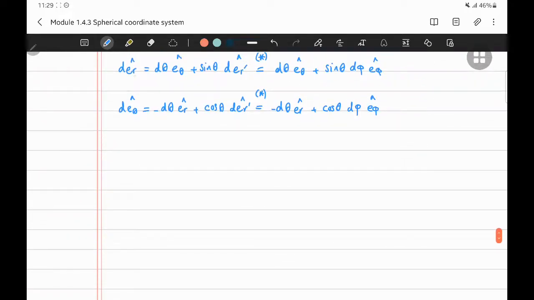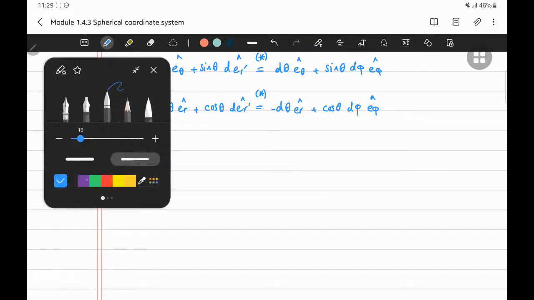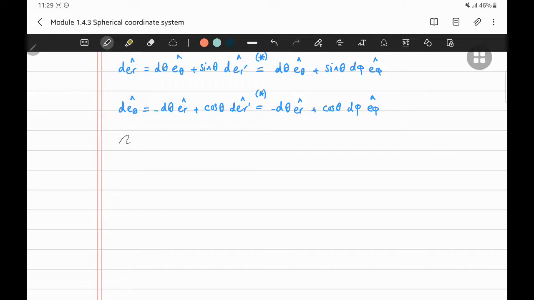So we have der and d e theta, but what about d e phi? We have no idea about it. So again, recall from the polar coordinate system that we had d e theta was equal to minus d theta er.